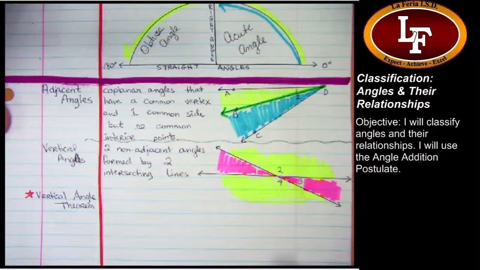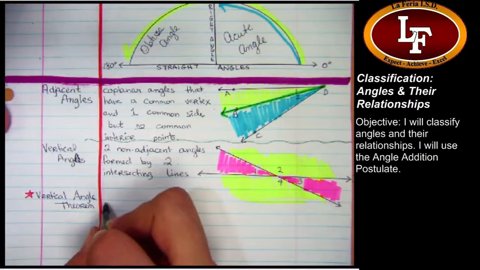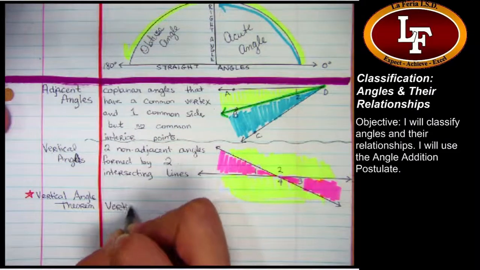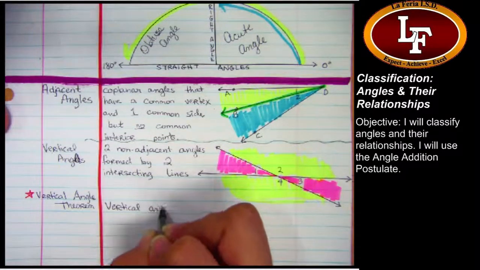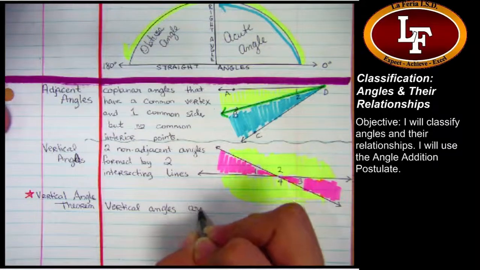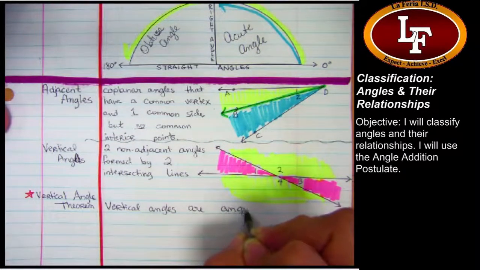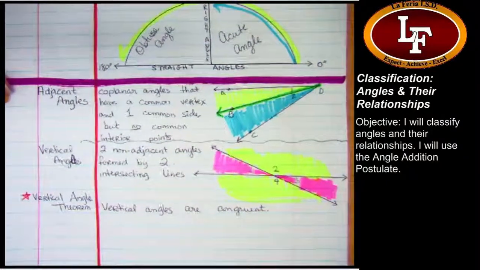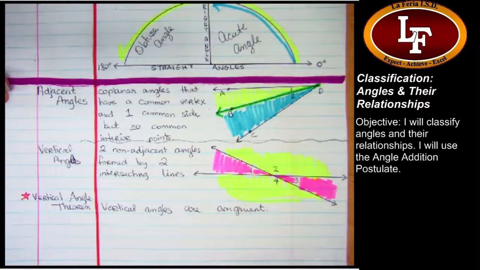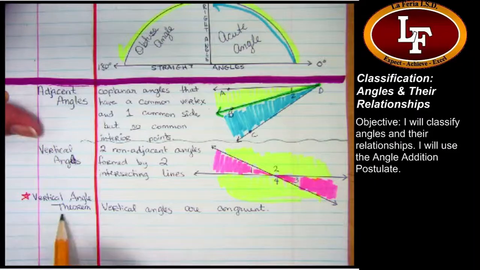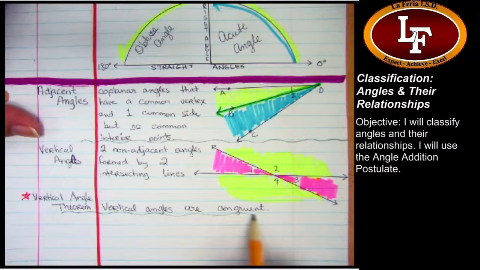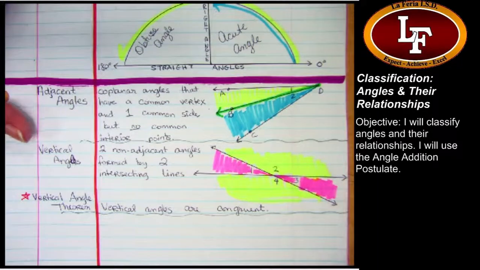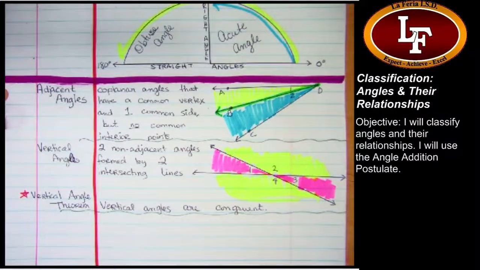And this theorem says this: vertical angles are congruent. That's it. That's all it says. If they're angles, and if they're vertical angles, they're going to have the same measure. They're going to be congruent. Put your wavy subsection divider and give me a thumbs up when you're ready to move on.